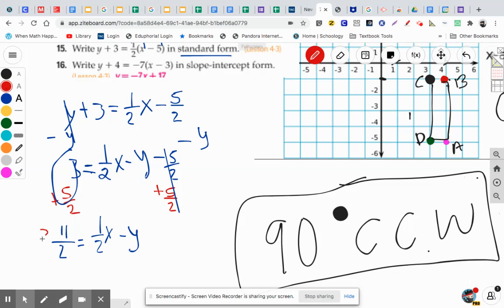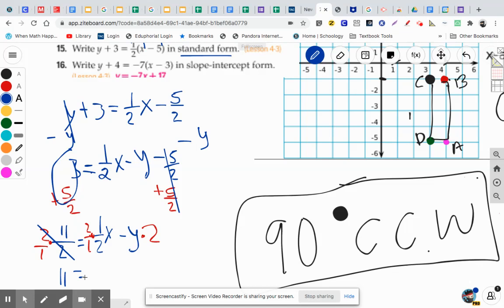So that means I'm going to multiply 11/2 by 2. I'm going to multiply 1/2 by 2. I'm going to even multiply this minus 2y by 2. And let's see what we get. When I finish, these eliminate, so that leaves me with 11.